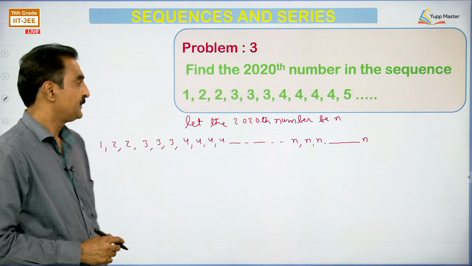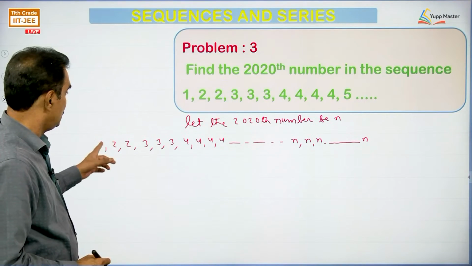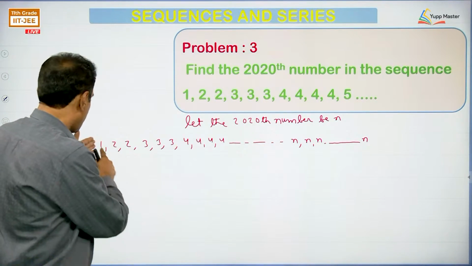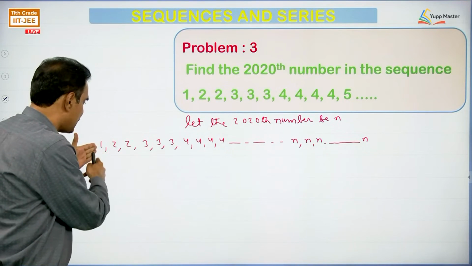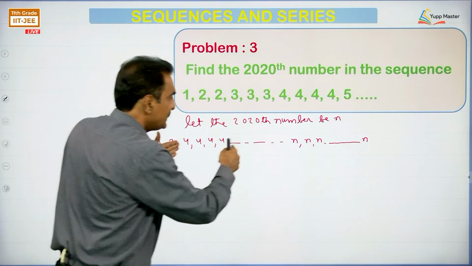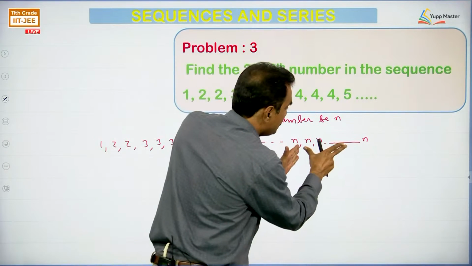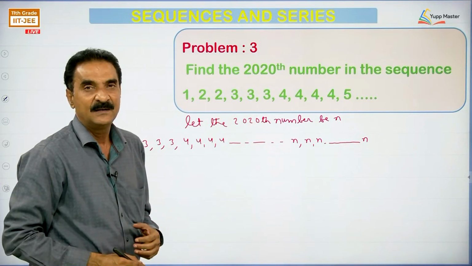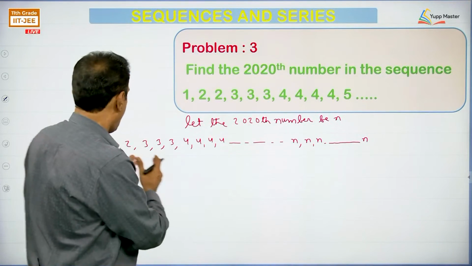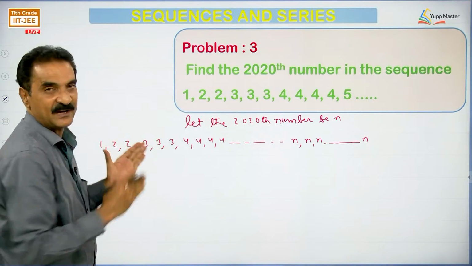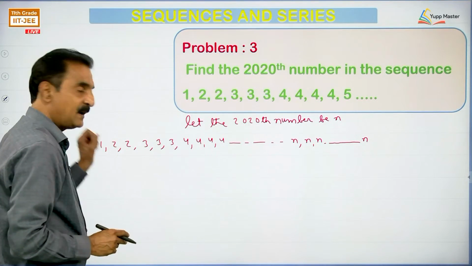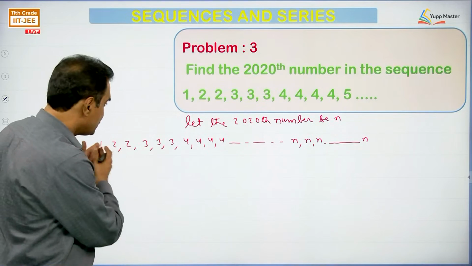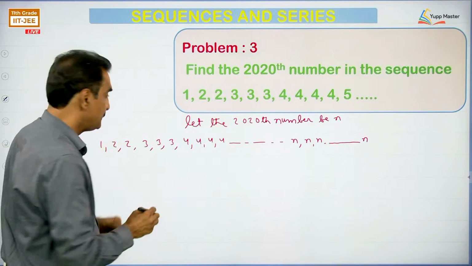Now, n is the 2020th number. So, if you count from here, first term, second term, third term, fourth term, then the 2020th number falls in this last row. That means, here how many terms have you written? 1 appears 1 time, 2 appears 2 times, 3 appears 3 times and so on. What is the total number of numbers written?